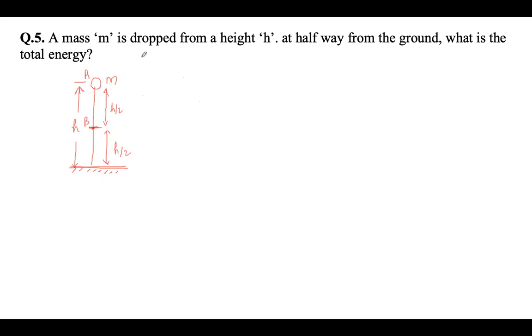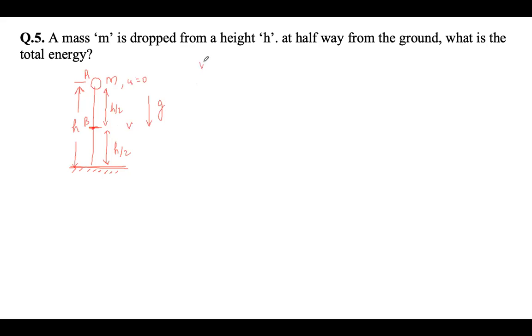When the object is dropped from some height, the initial velocity at this point, u, will be 0, and let's say we have to calculate the velocity v here. The acceleration of the ball which is falling down is acceleration due to gravity g, in a downward direction.